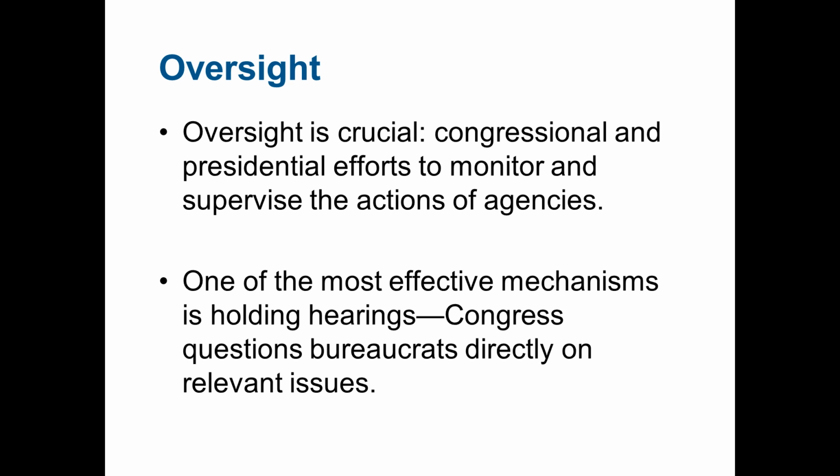Next, oversight is a term, I think, again, one that we've used before in a lot of the lectures. The Congress and the President, part of their authority is to oversee what's going on in the bureaucracy, to make sure, through monitoring and supervision, that what they're doing is consistent with the law and done in an efficient manner.